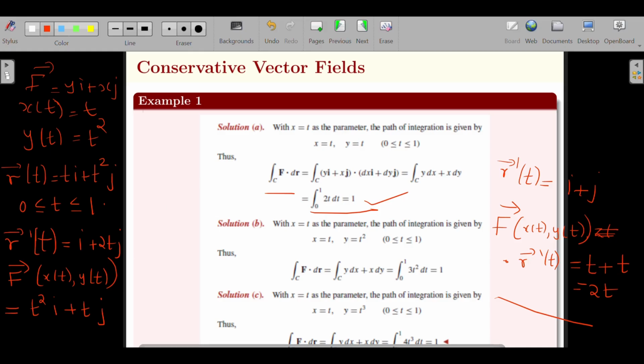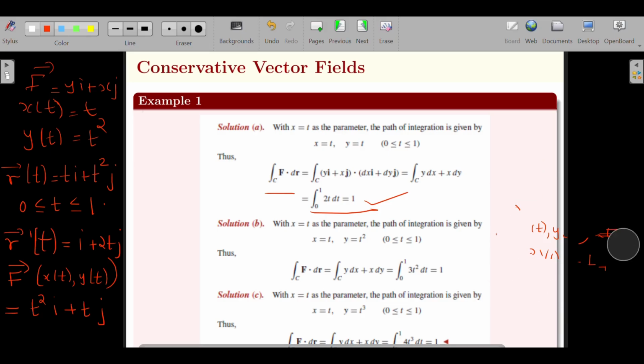Next step is to take the dot product of f and r dash. So f dot r dash. Let us compute f dot r dash.